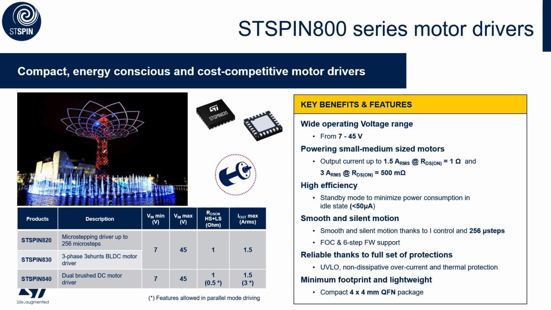The STSPIN840 is a dual driver for brushed motors, which can also be used to drive one motor with higher current if we put them into the parallel driving mode. All the part numbers work from 7 to 45 volts and have a current output around 1.5 amps depending on the ambient temperature. They also have a standby mode to lower the consumption, and they come with a bunch of protections like undervoltage lockout, overcurrent, and thermal protection.